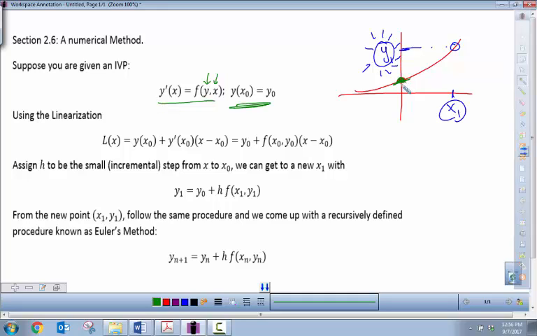So now you have a slope and a point. We're going to make a line and then take a small step and then get to another point.